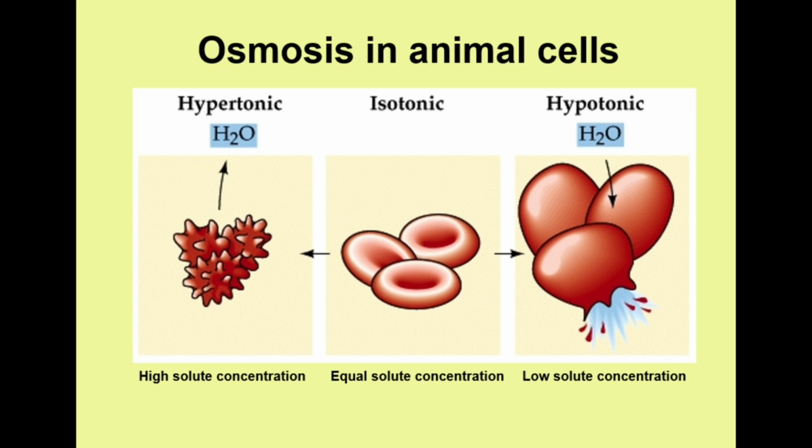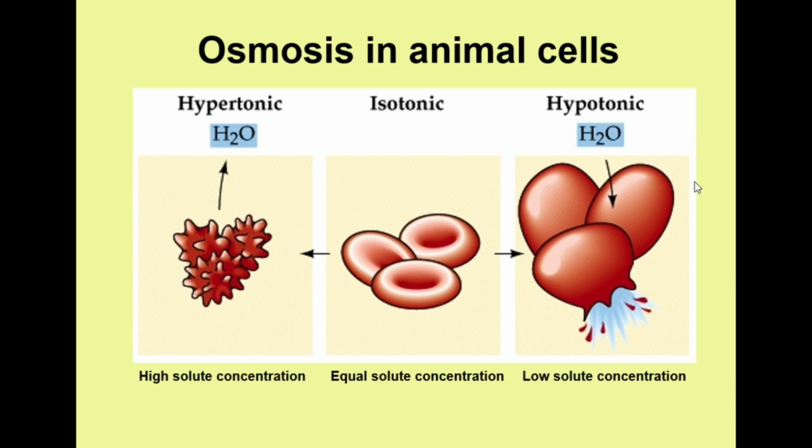You can hopefully see by this why I said that animals go to great lengths to osmoregulate, to regulate the water and salt balance within their tissues. Because if our cells are exposed to an area of high solute concentration, they will shrivel up and die.